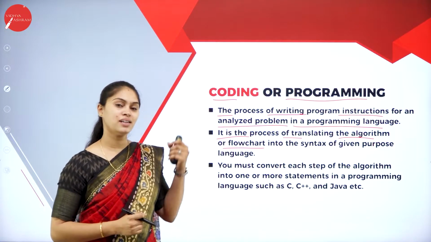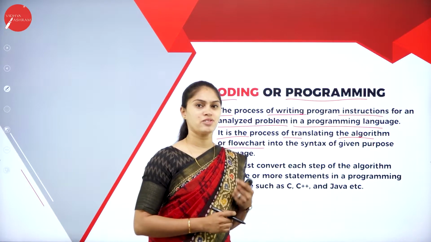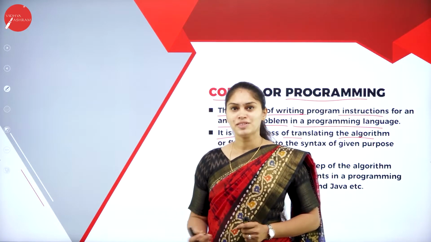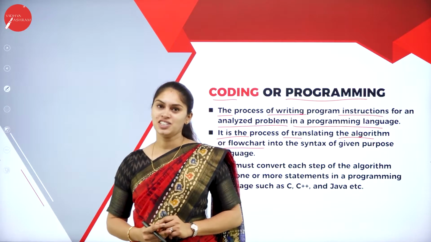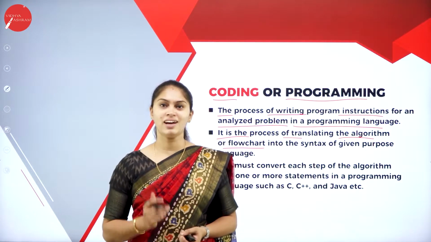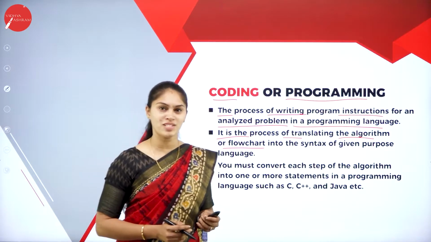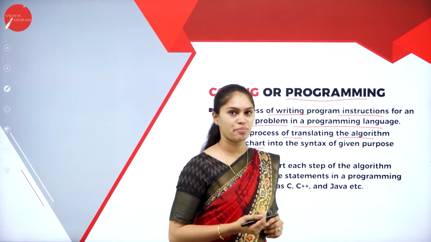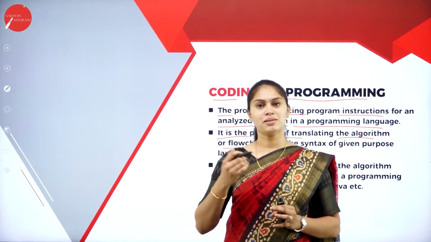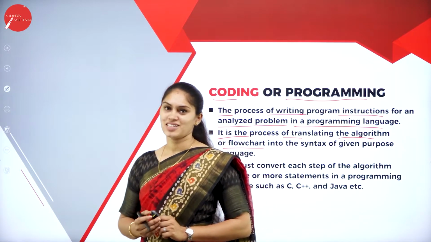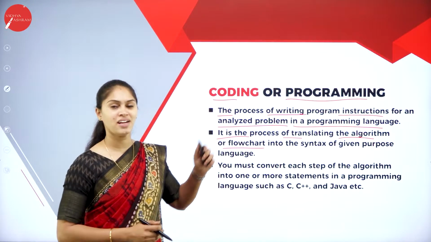So I can write code by making use of C, C++, Python, Java or any of the programming languages that I choose. It will be mainly based on the user specification. So then what is coding? It is a process of translating an analyzed problem in terms of algorithm and flowchart into any given programming language. So this is nothing but coding or programming.